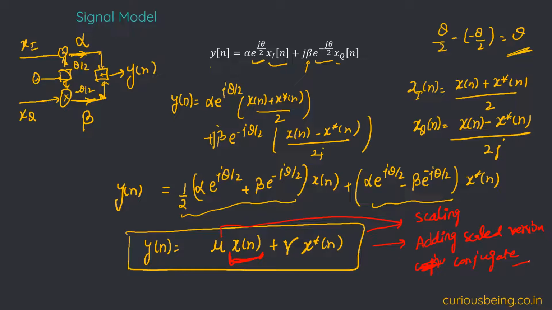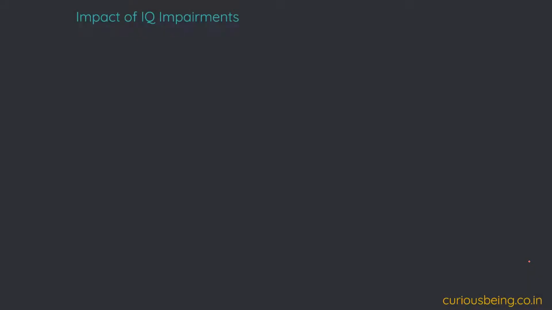But it will be more intuitive to look at this picture in terms of the frequency domain. Let's try to do that. Y[n], what was our y[n]? This. Okay, so I'll take the FFT here because mu and gamma are not varying in time.